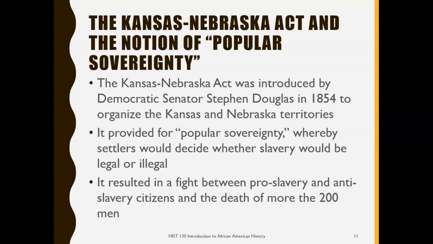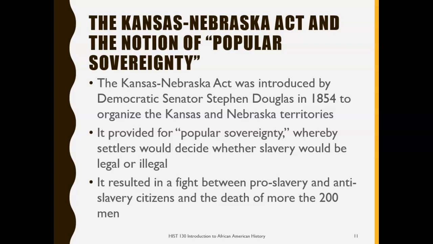But the deadliest issue that divided the North and the South was the Kansas-Nebraska Act that was passed by Congress in 1854. This act was introduced by the Democratic Senator Stephen Douglas in 1854 to organize Kansas and Nebraska territory, and it introduced the notion of popular sovereignty, which means that a state can be either a slave state or a free state, depending on the vote of the people who lived in the state.